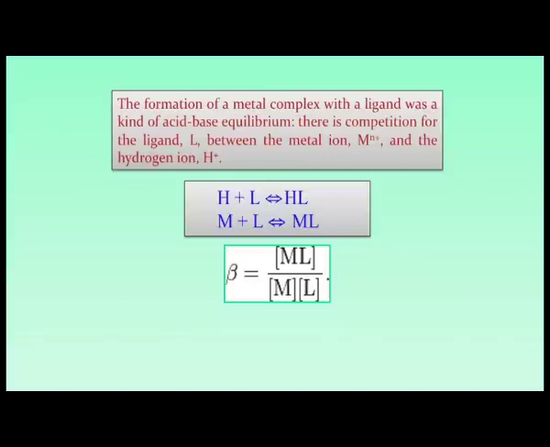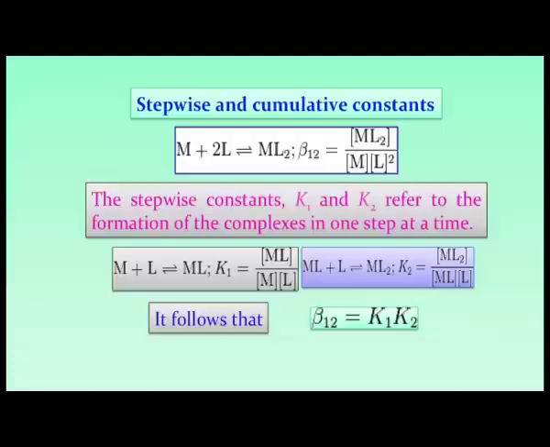If these are forming in a stepwise manner, as I told you just now, that is K1, K2, K3 to K6, and the overall constant, that means the multiplication of these individual K's, K1, K2 etc., gives rise to beta. So, you can have stepwise constants and the overall or cumulative constants.